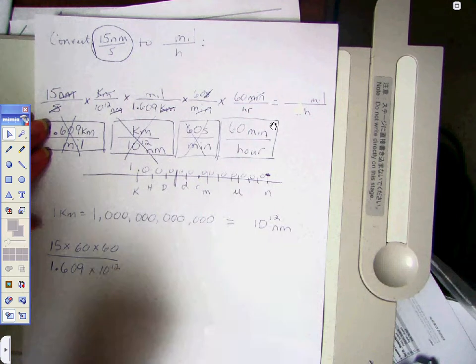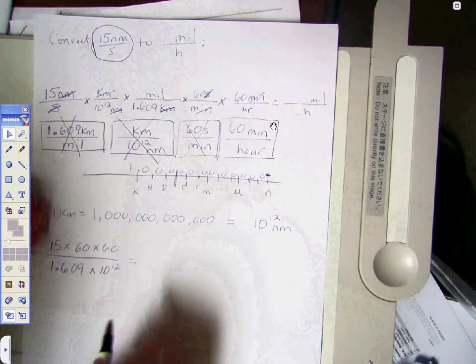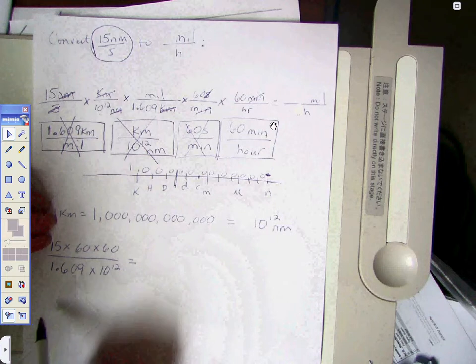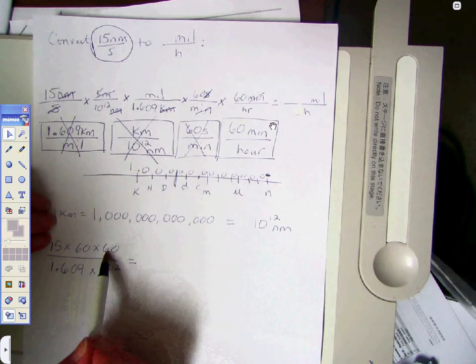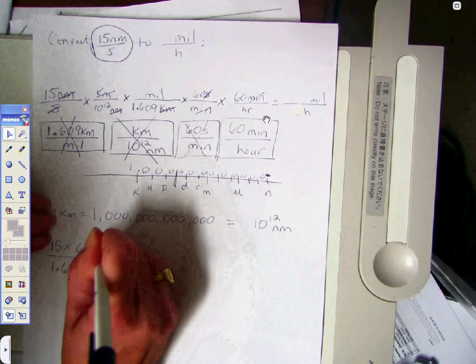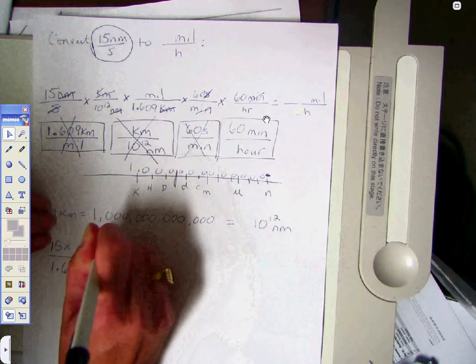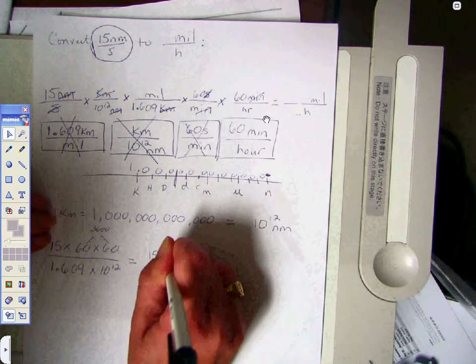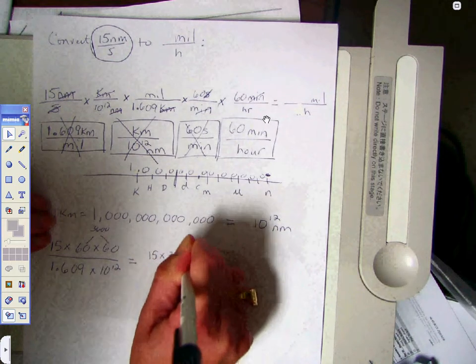Well, this is easy. This is going to be 15 times 3600, right? Because 6 times 6 is 36, and I've got 2 zeros. So this number will be 3600. So on top, I'm down to 15 times 3600.